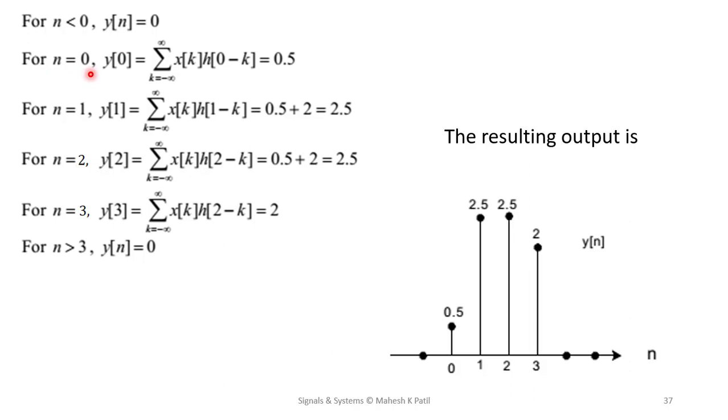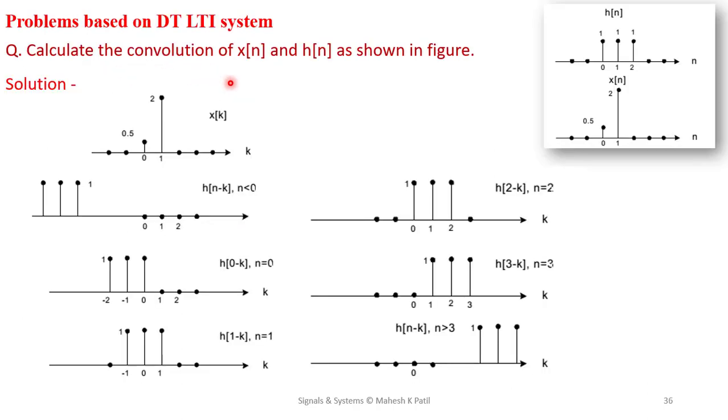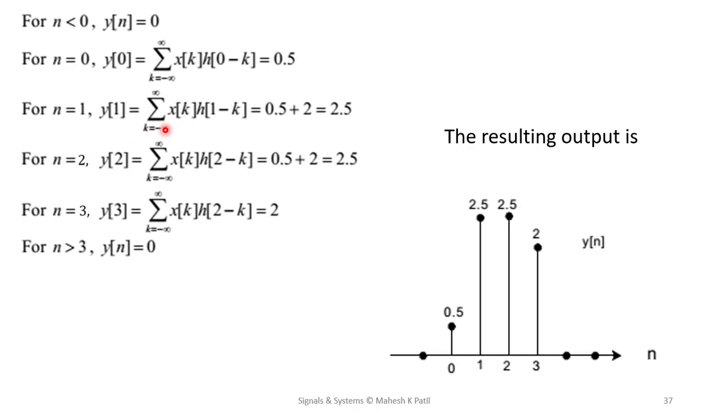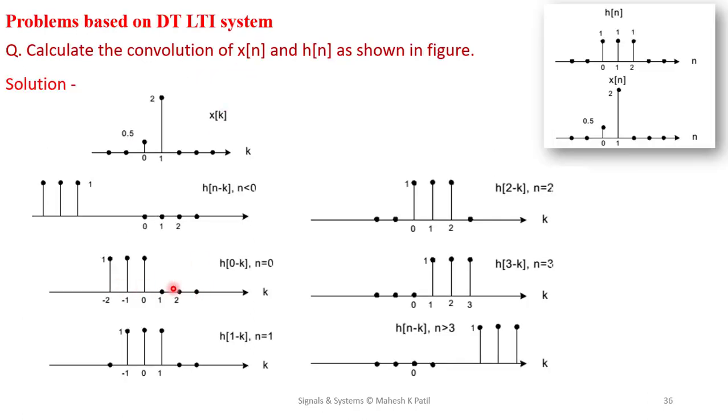For n equal to 0, y of 0 can be written as summation x of k h of 0 minus k, where k varies from minus infinity to plus infinity. So in this case, the output is 0.5. So you can observe here y of 0 as x of k into h of 0 minus k.